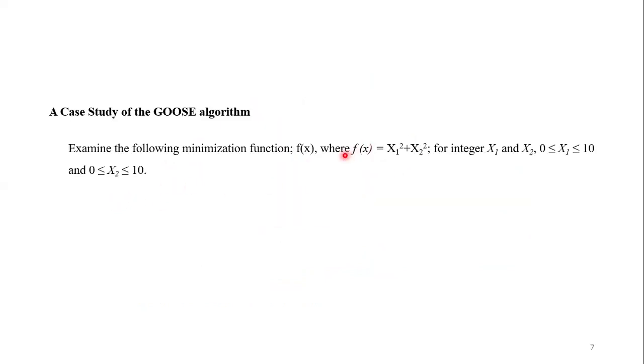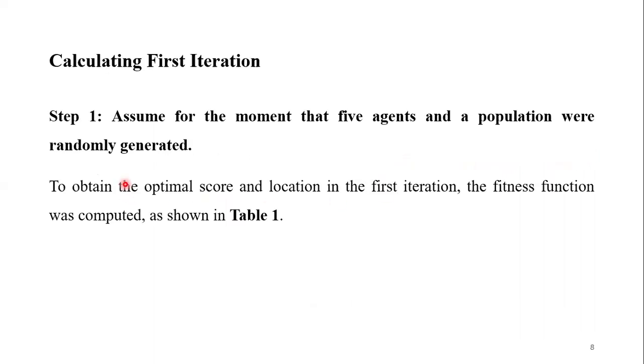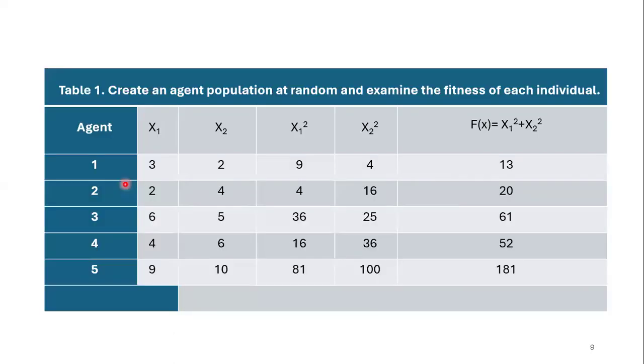Now, the case study: we have f(x) equals x1 squared plus x2 squared, where x1 ranges from greater than or equal to 0 to less than or equal to 10, and x2 has the same range. Step number 1, we randomly select a sample in the population, and we assume 5 agents, each represented by a goose.